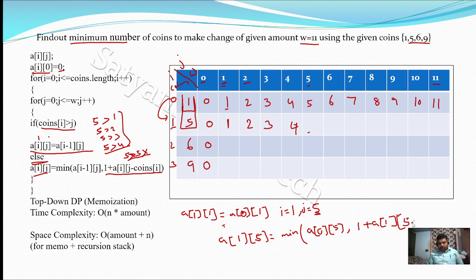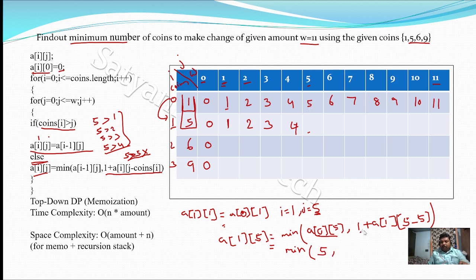So 5 minus coins of 5, coins of 5 means coins of 1, that is 5. So what is the value here? Minimum of a of 0 5. What is the 0 row and fifth column here? It is 5. A of 0 5 is 5.